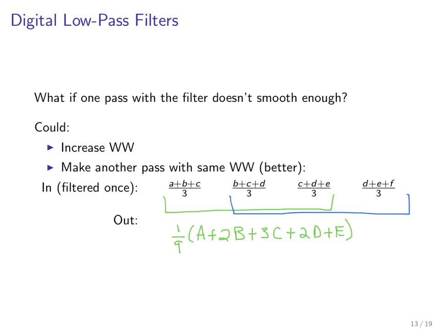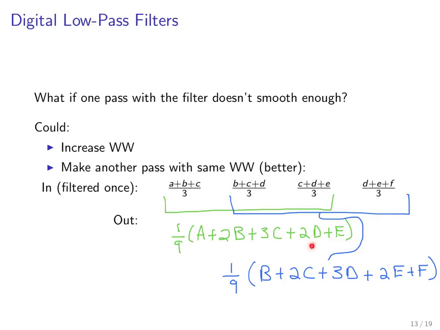And then the second sample would give you 1/9 times (B plus 2C plus 3D plus 2E plus F). Right? So you have the same set of weights that are just applied to different sets of contiguous numbers. So you can see now that the numbers are weighted differently in the output, so you're effectively applying a slightly different filter here.